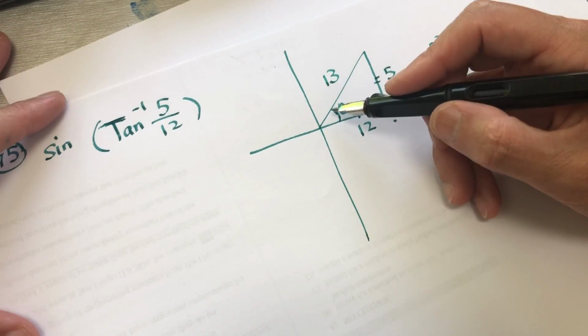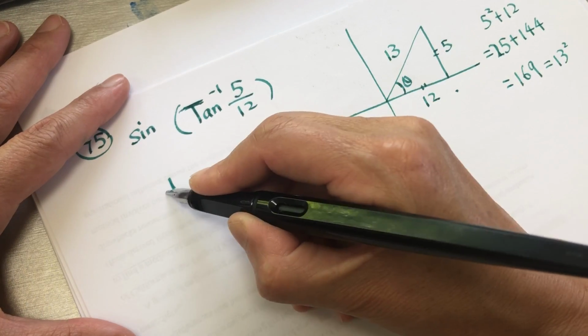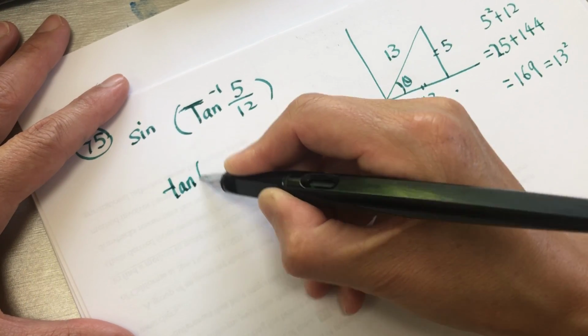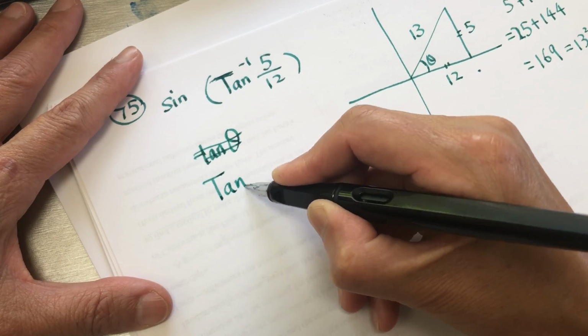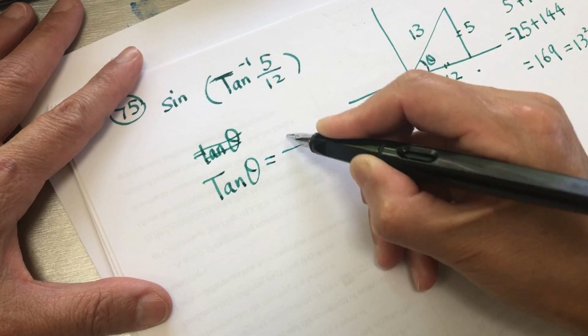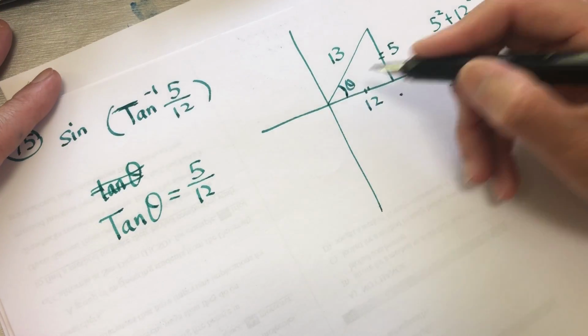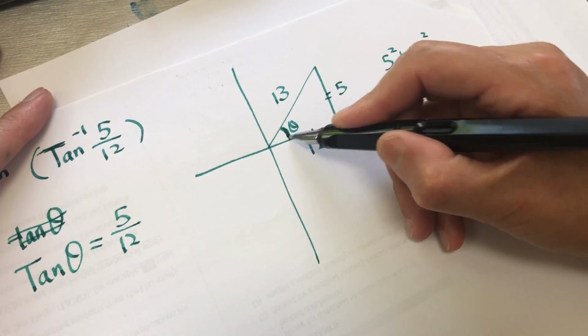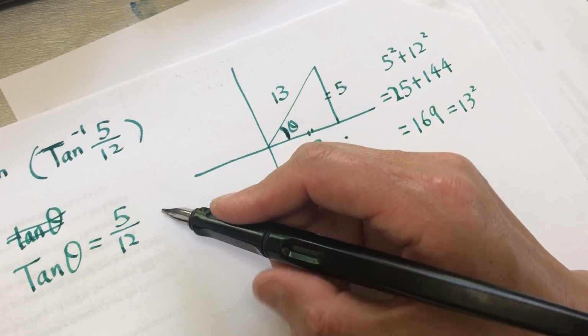So we know the angle theta. Tangent theta equals 5 over 12. We cannot write the theta as a number of degrees exactly.